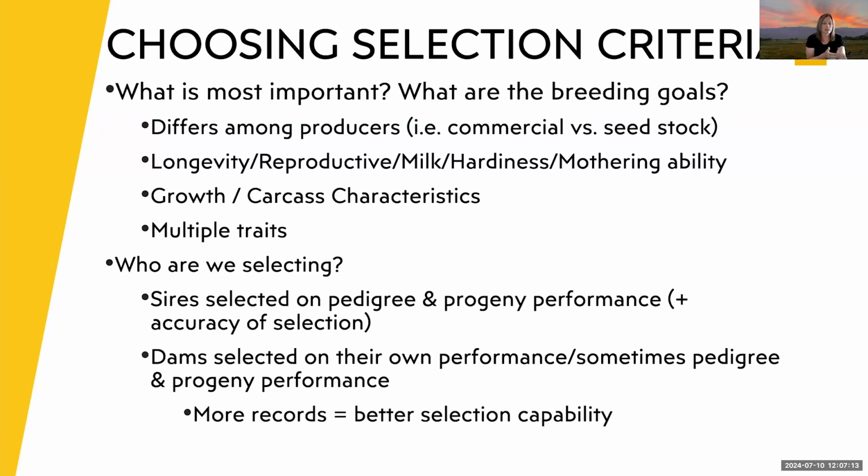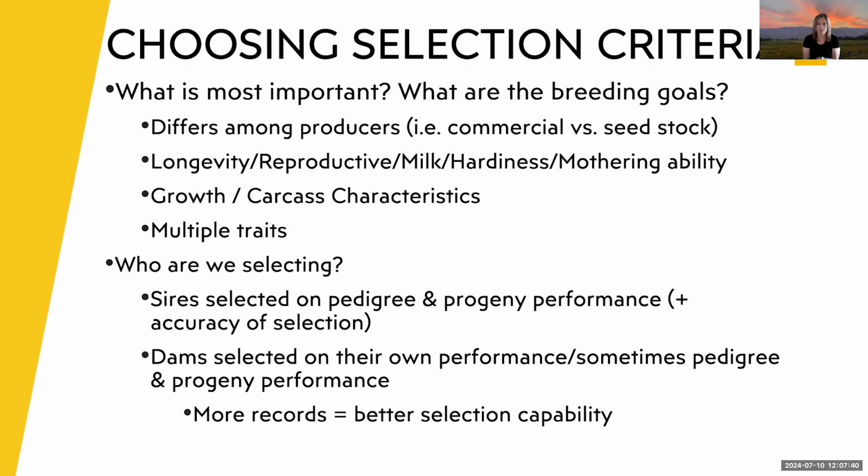So we can go anywhere from those really big growth characteristics, fast growing, meaty animals. We could have more of an influence on some of those softer genetics like longevity, reproductive ability, milking ability, mothering ability, those kinds of things. And we also could be selecting on multiple traits. So in my flock, for example, I raise animals that are end products.